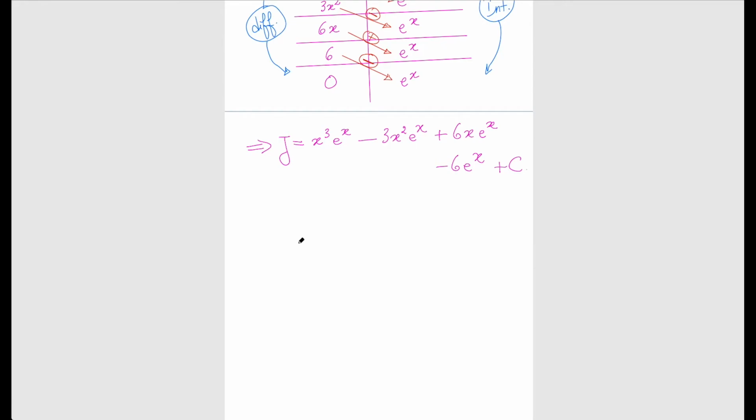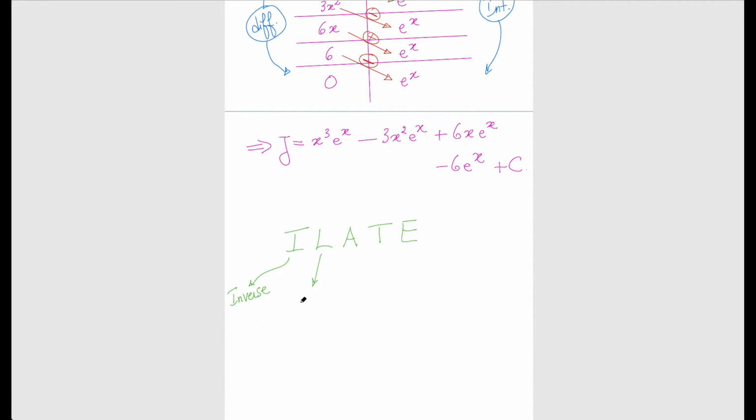It's called, so there's an acronym, ILATE. Again, this was discovered by people that realized that this would be useful for integration by parts. Let me first tell you what each letter means. I means inverse trig functions.